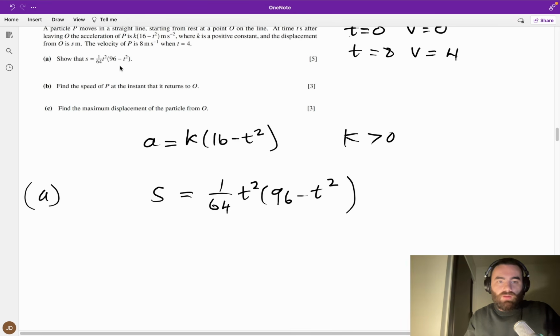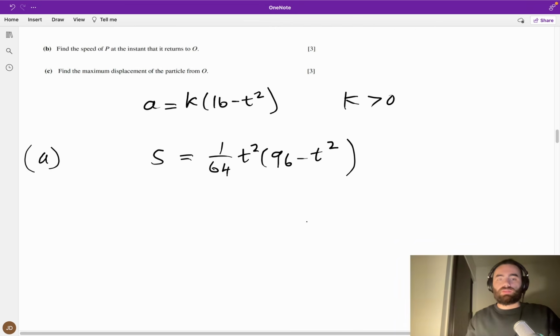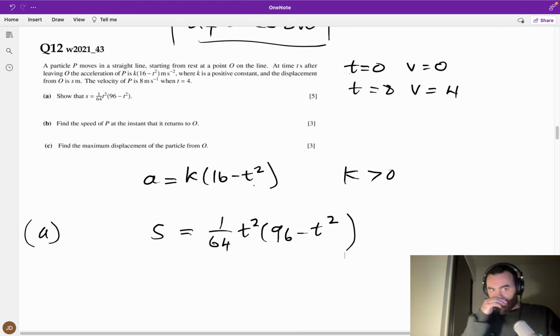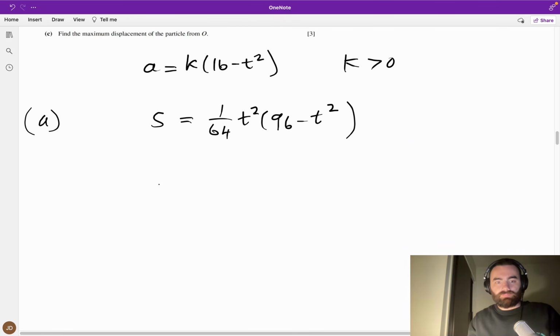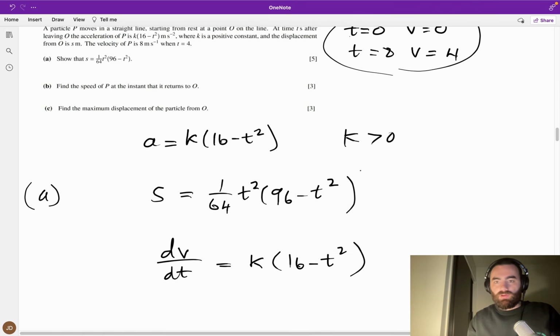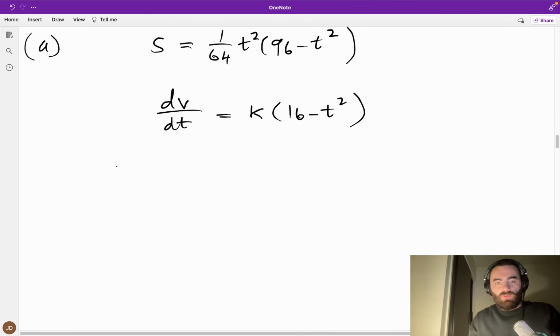This is a good one because you're going to have to go from acceleration to velocity and then velocity to displacement. So we have dv by dt equals k times 16 minus t squared. Just remembering these points as well. Therefore dv equals k of 16 minus t squared dt.